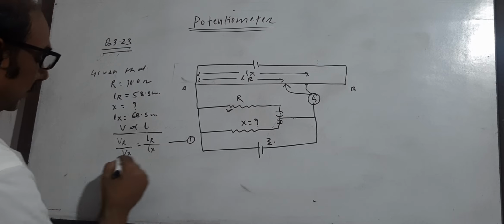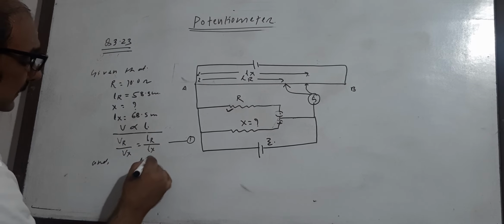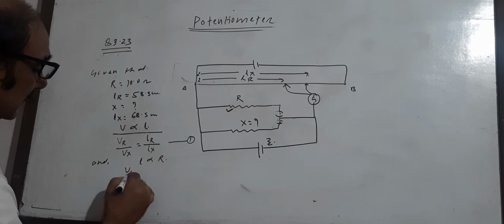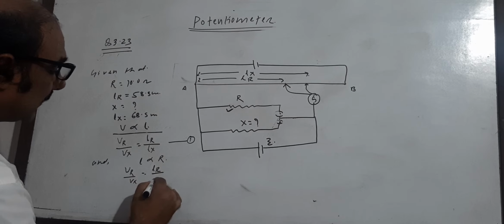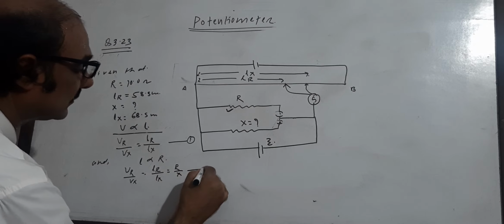This is equation number 1. And as we know that length is directly proportional to the resistance, so VR by Vx equal to LR by Lx equal to R by X. This is equation number 2.